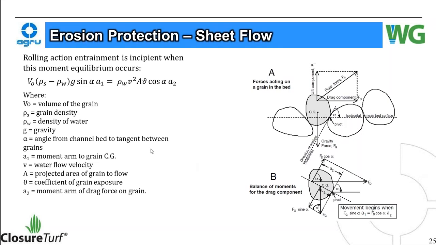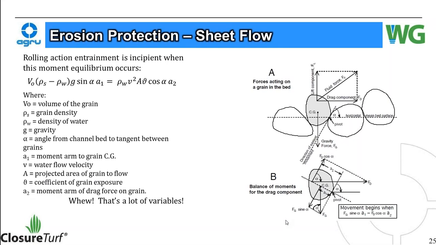A sub 1 is the moment arm to the grain center of gravity here, or the weight of the grain. V is the water flow velocity. A is the projected area of grain to flow, and then we've got a coefficient of grain exposure, and finally A sub 2, the moment arm of drag force on that grain, or this distance here.